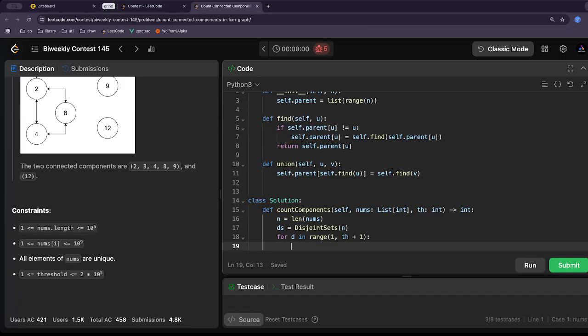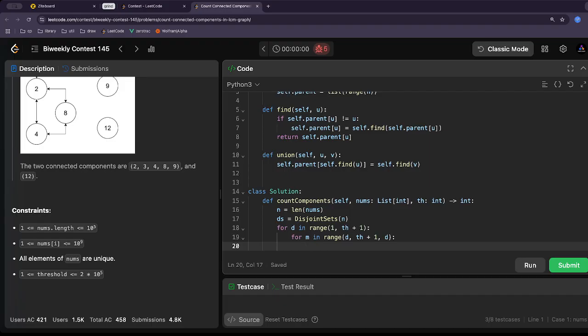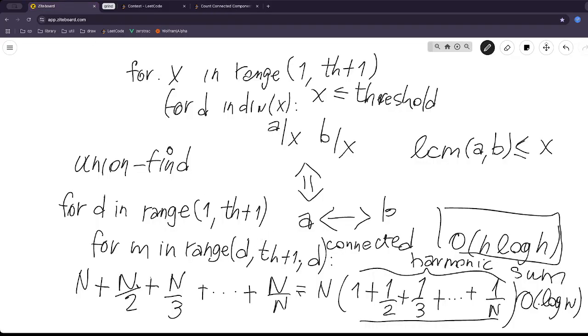Okay, so what was I doing? Here I want the multiples, right? So I'm going to go from D through this, right? And I'm going to save a representative for each value, which is going to be this representative that I said. So for each x, I'm going to save the first divisor that I see.